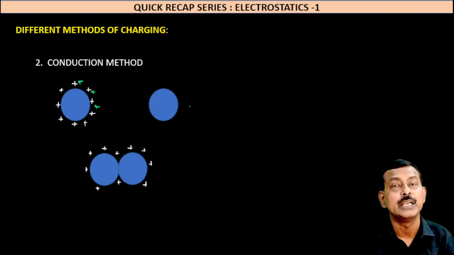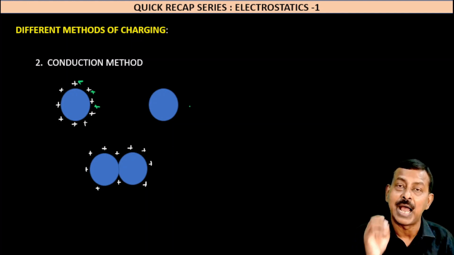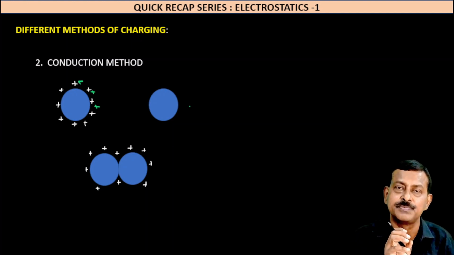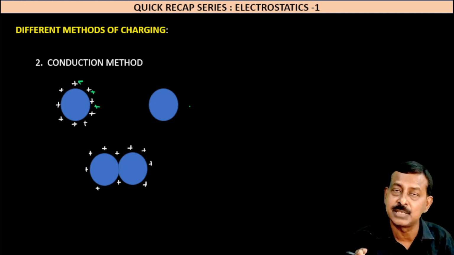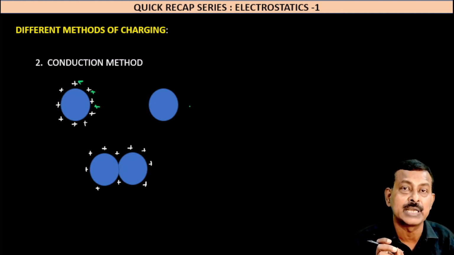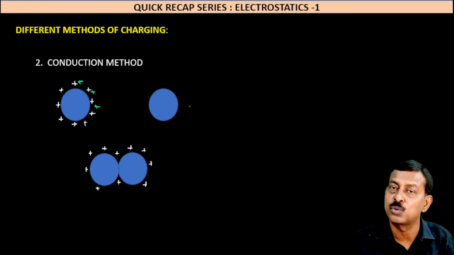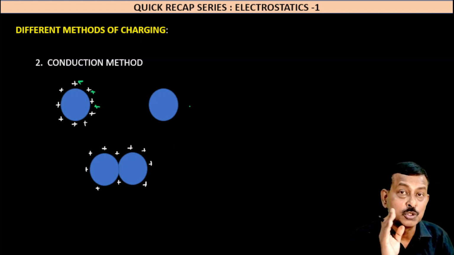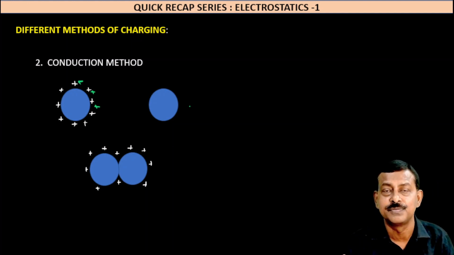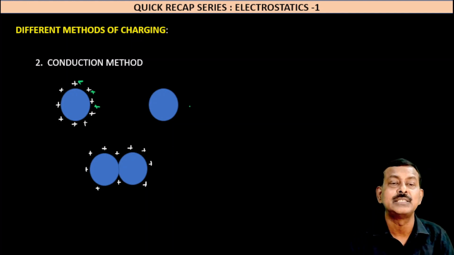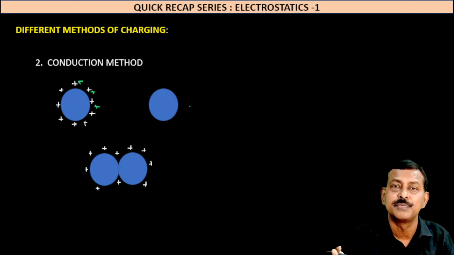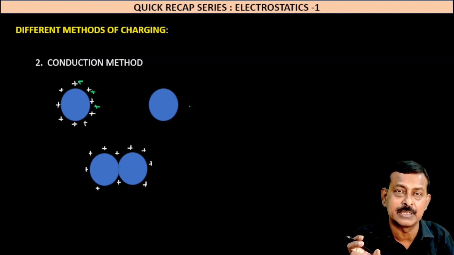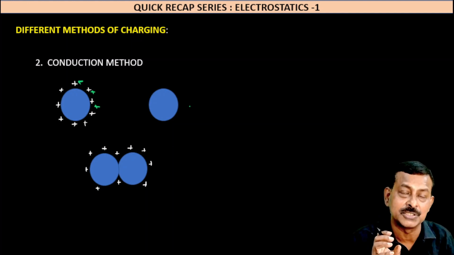And remember, if the two bodies have the same size, that is, identical bodies, one charged and the other uncharged, when they are put in contact the charge will be equally shared. But if the two bodies are of different sizes, the charge will be shared differently, because their potentials, due to their size, will be different for a particular amount of charge.